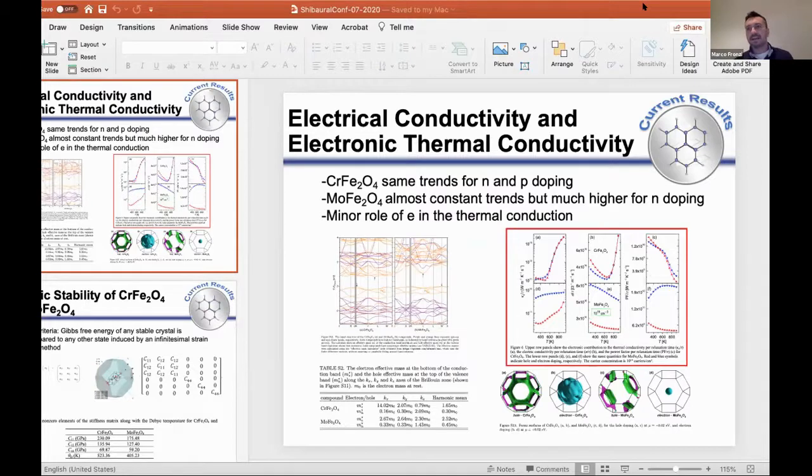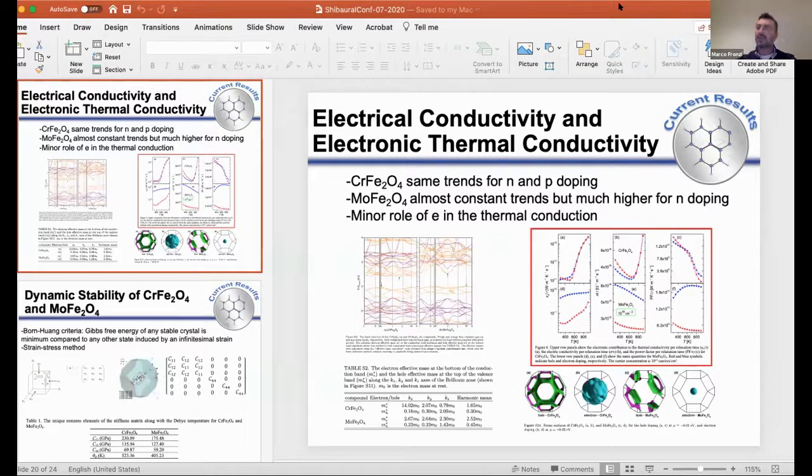Obviously, for the thermal conductivity, we need to add something on top of this study, which is the phonon dispersion, and what we could do is the same analysis, applying the Boltzmann theory to the phonons. But we didn't do this yet.